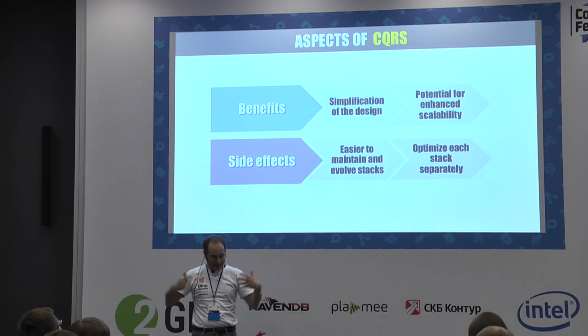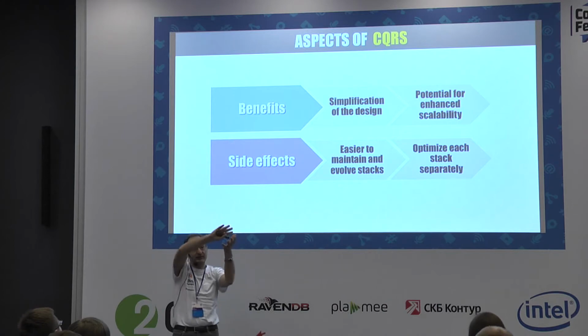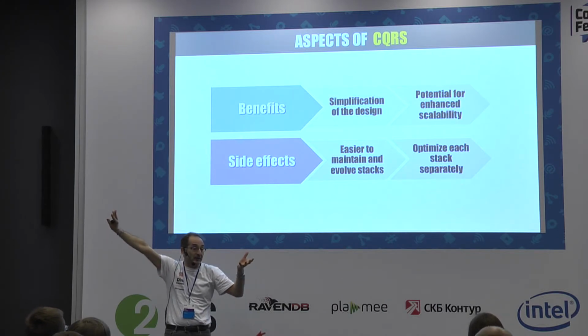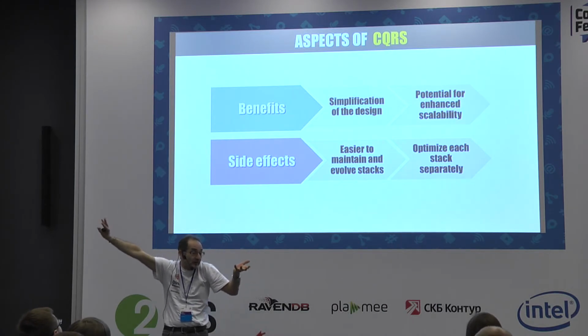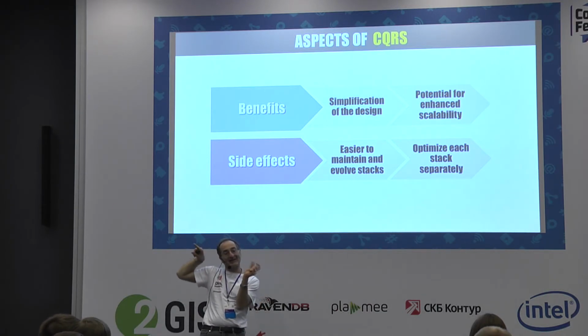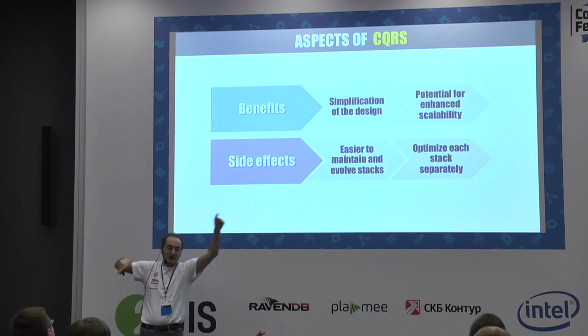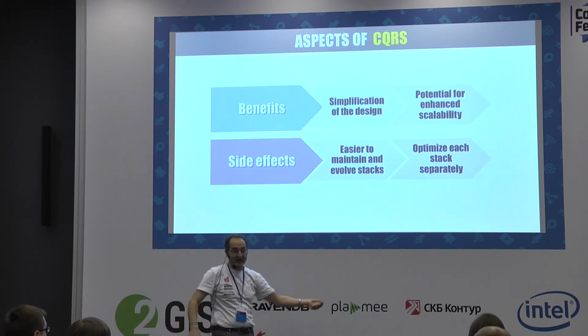The practical problem that remains is, okay, what about the user interface? The user interface belongs to the query part, the server where the query part is, and probably the only aspect you need to fix is how from the user interface you call another server where there is a command stack implemented.